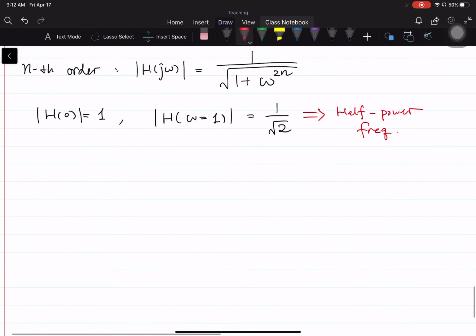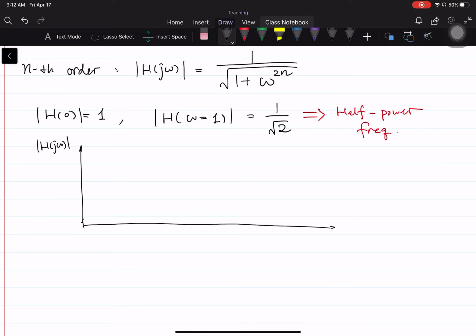Now we can sketch the frequency response function as a function of frequency omega. So we know it always starts with 1, and when frequency is equal to 1, it is square root of 2 over 2, so about 0.7.